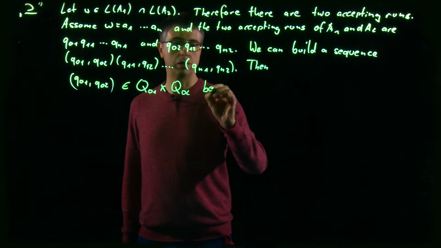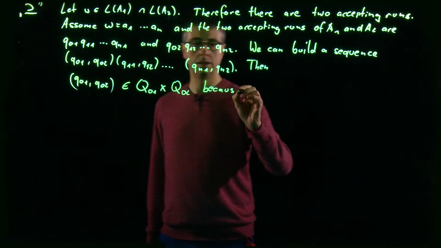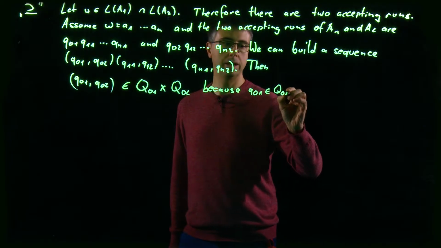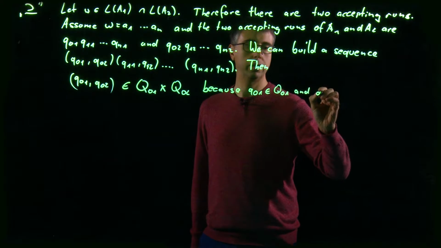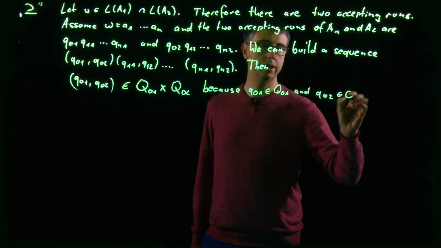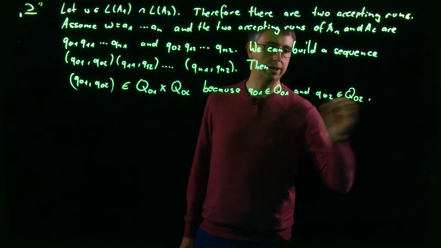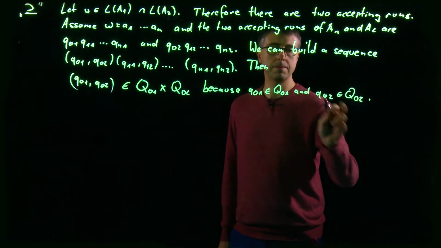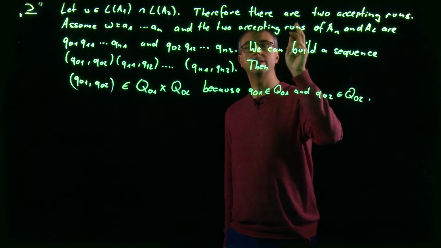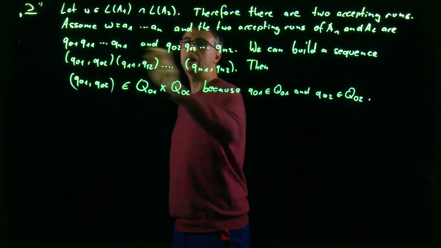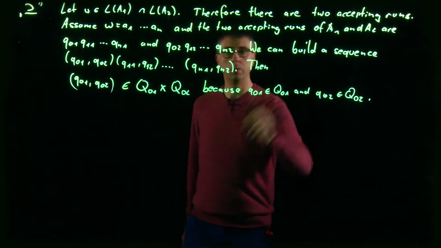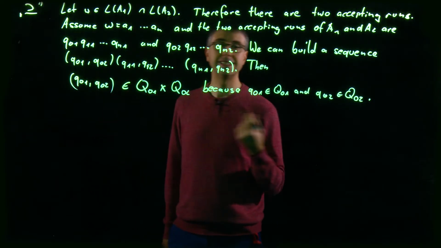And this is because q_0^1 is in I1 and q_0^2 is in I2, the set of initial states of the second automaton. These two statements are true because the runs here are runs of the automata A1 and A2, so we know this condition.